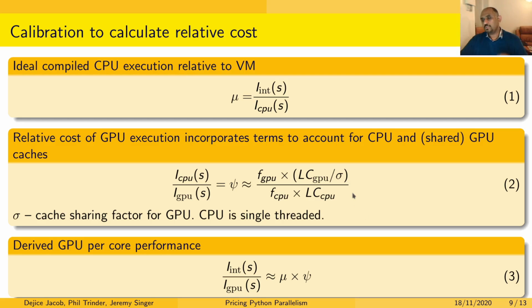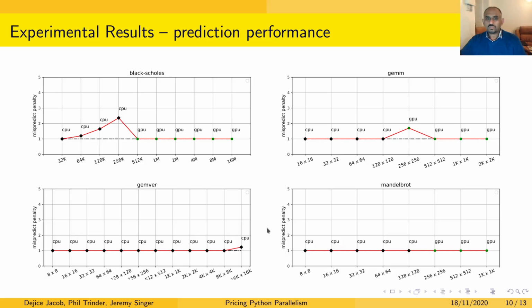On the CPU, we don't have a sigma value or a cache sharing value because it's single threaded, and we assume that the entire last level cache is being used by the computation from a single core. And we use these two terms, mu and psi, to get a relationship between the abstract costs of the interpreter and the GPU.